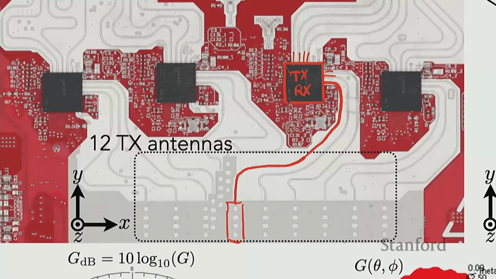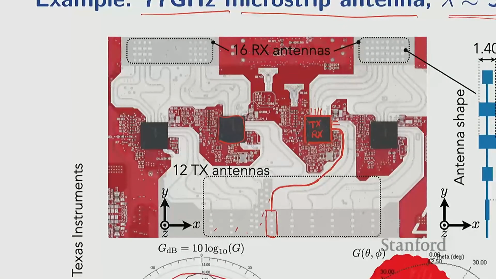So overall, because you have 4 of these ICs, you end up with a system that has 12 transmit antennas, and you see them all here, 1, 2, 3, 4, 5, 6, and so on. And then you would get a total of 16 receive antennas. There's a group of 4, a group of 4, and a group of 8 here for a total of 16. So it's a full system.